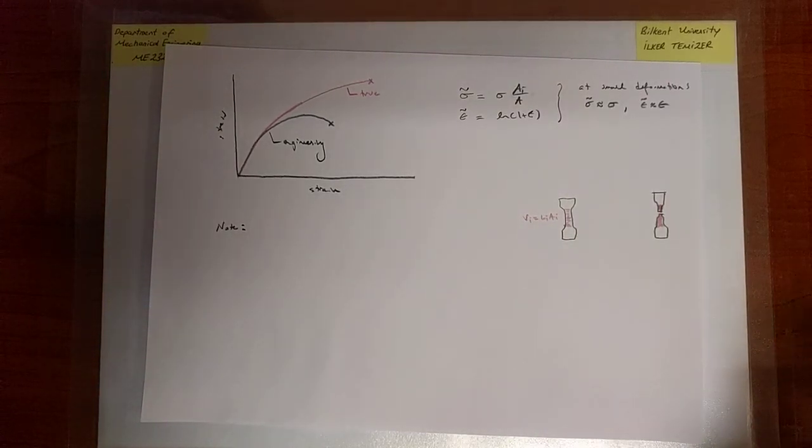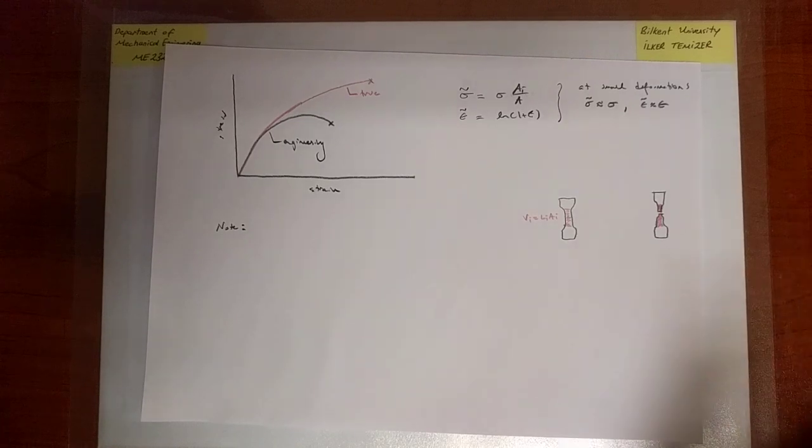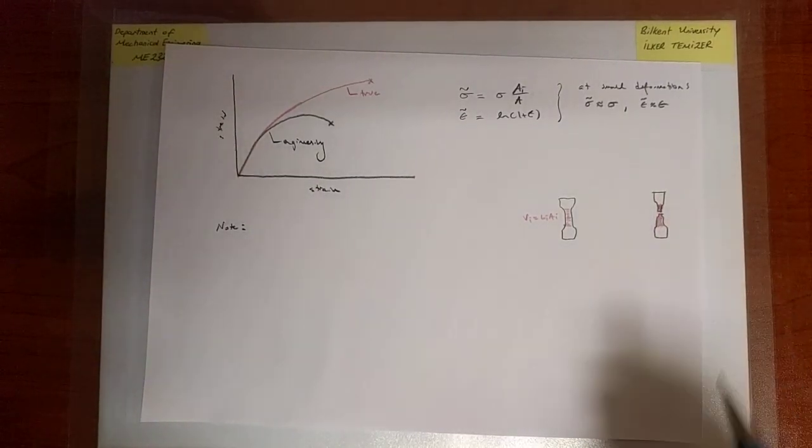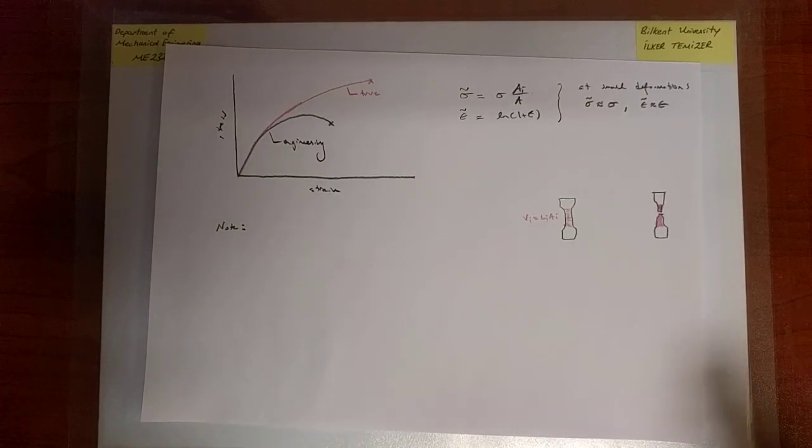So I'm not talking about a negligibly small volume change. I'm really talking about a very, very small change in the volume such that we can virtually say the volume has not changed. If there is any change, it's even smaller than the volume changes that one observes in the elastic portion of the curve. So it's really negligible.